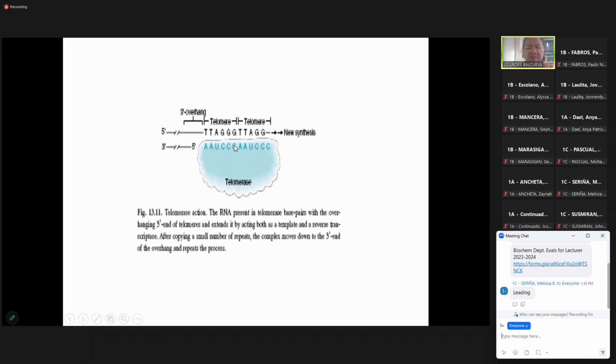Yung mga mayayaman lang ang kumukuha niyan kasi masyadong mahal daw yung stem cell therapy. So, don't believe those offering stem cells anywhere. Okay, these are not true, no?